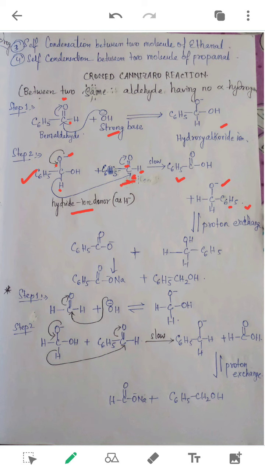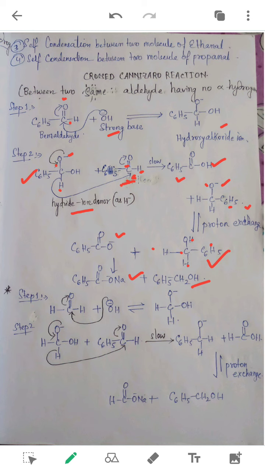Now through proton exchange what happens is, this H is coming and it's joining over here. So this is our product. So this is our alcohol, right? C6H5CH2OH, benzyl alcohol. The other one, it's remaining like O minus, and later on it is abstracting Na, and it is forming sodium salt of carboxylic acid and an alcohol.